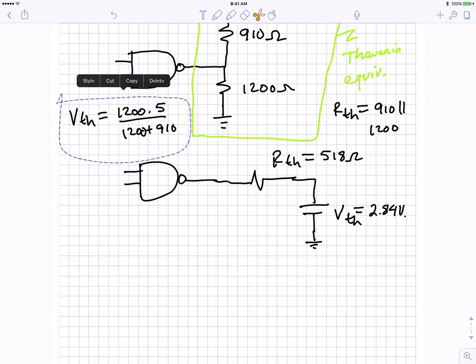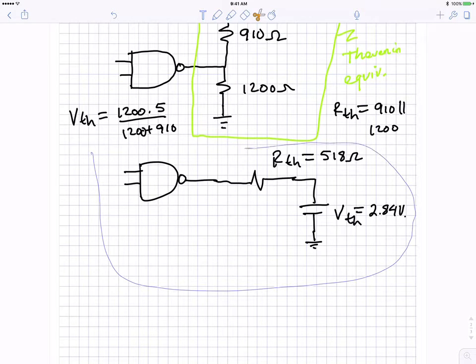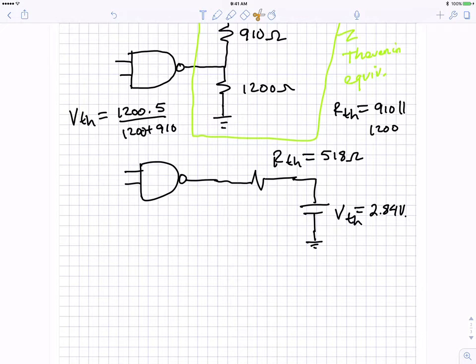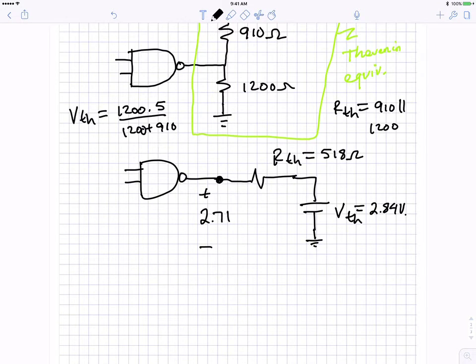Okay, so at this point, we need to check our loading conditions, and there's a high state loading condition and a low state loading condition. Let's first take a look at the high state. First of all, let me copy this so we can use it again in a second. What we need to put down is that this voltage is 2.7 volts under the worst case high conditions.